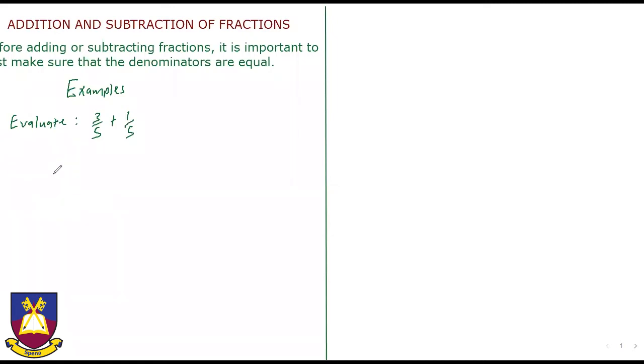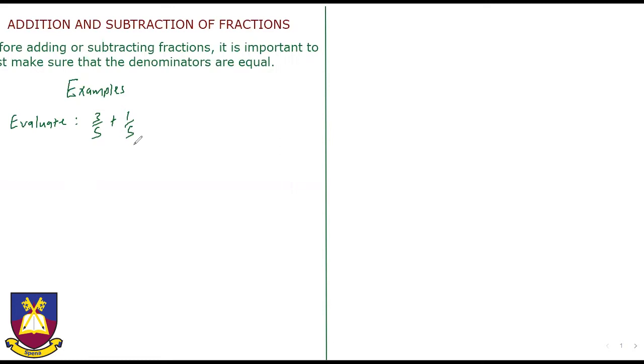First example says evaluate 3 out of 5 plus 1 out of 5. Before we add or subtract fractions, we need to make sure they have the same denominator.